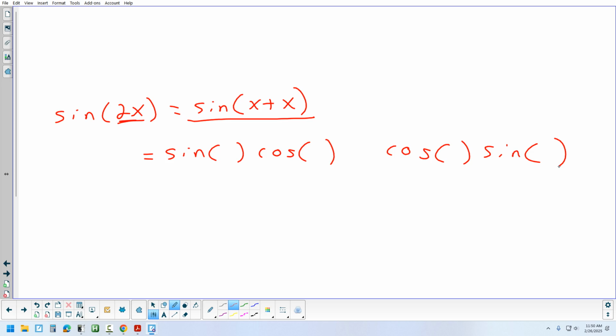So remember, with that, we always match it up. What is my first thing that I'm using in the sum formula? An x. What's my second thing? X. They're both x. First, second, first, second. So I have a sine times a cosine plus another sine times a cosine. It's kind of like having xy plus yx. Or you can think of it as xy plus xy. So what's sine times cosine? Plus cosine times sine.